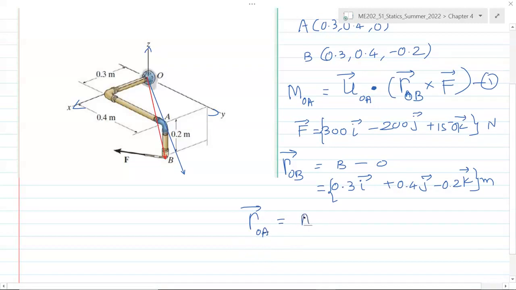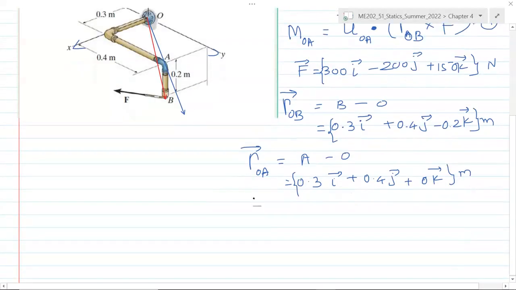ROA is coordinates of A minus coordinates of O, that is 0.3i plus 0.4j plus 0k. Because A is in the xy plane, it doesn't have any z coordinate, and that's in meters.